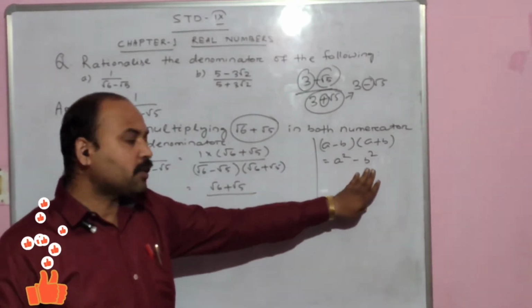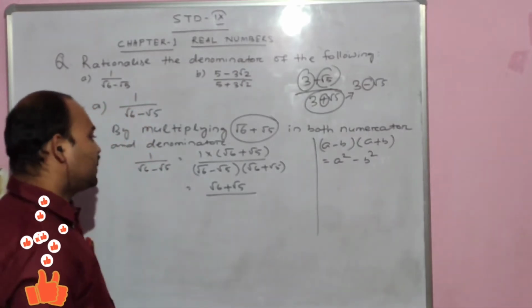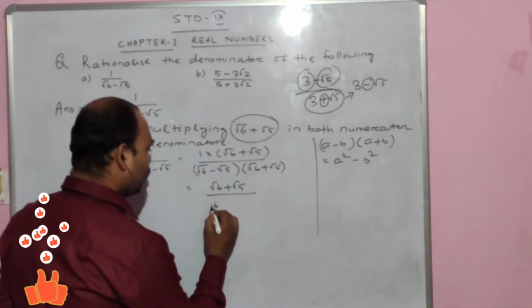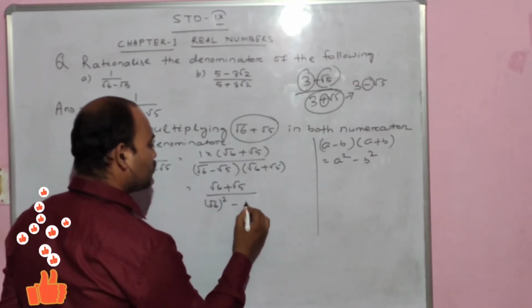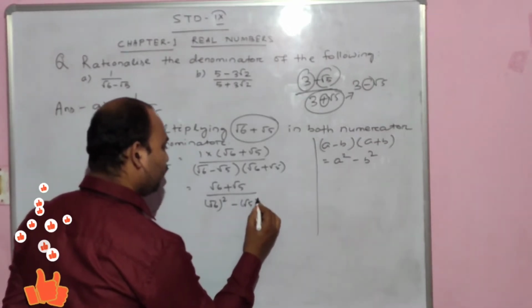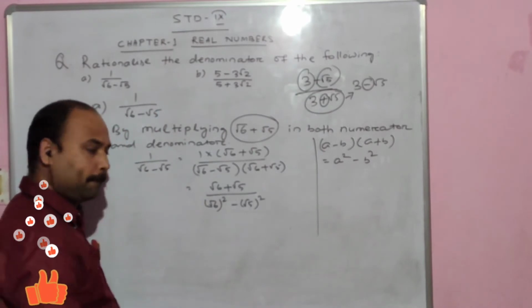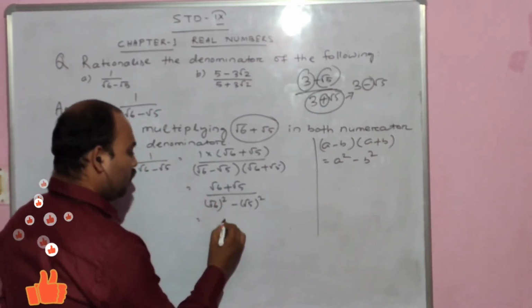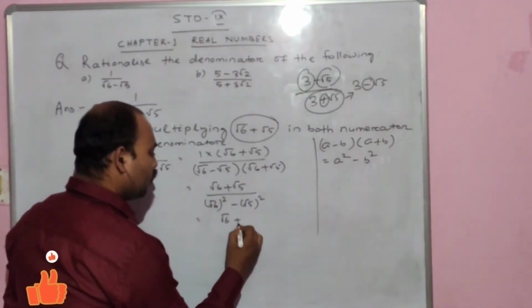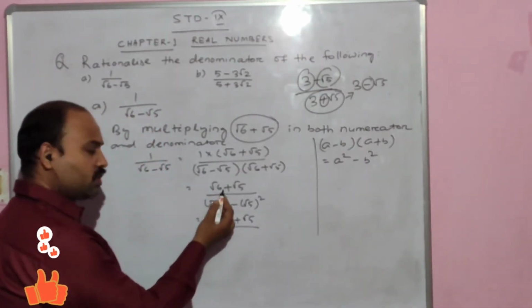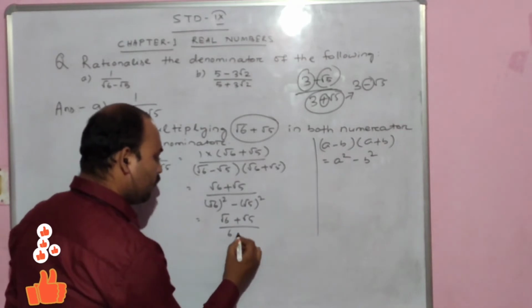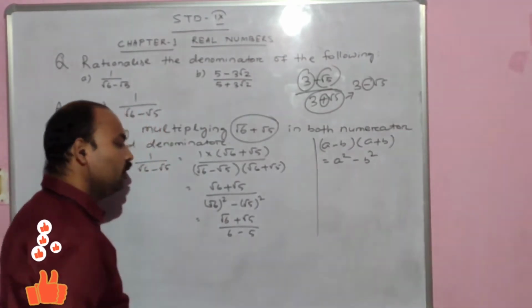So a square minus b square means root 6 whole square minus root 5 whole square. The numerator is root 6 plus root 5 as usual, then root 6 square equals 6 and root 5 square equals 5.